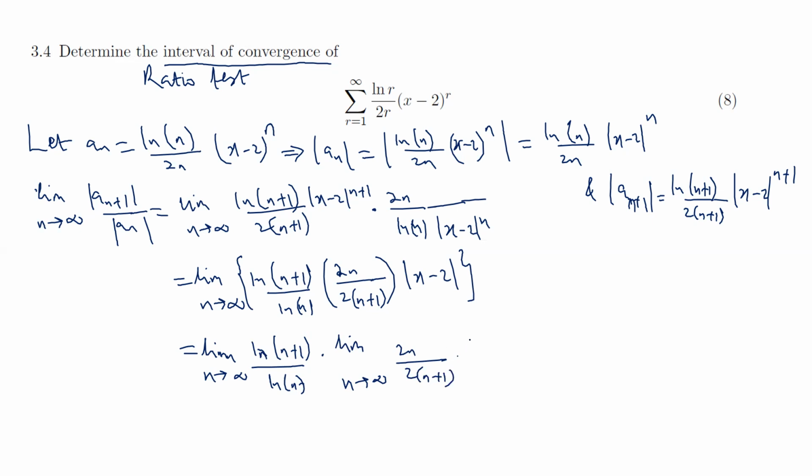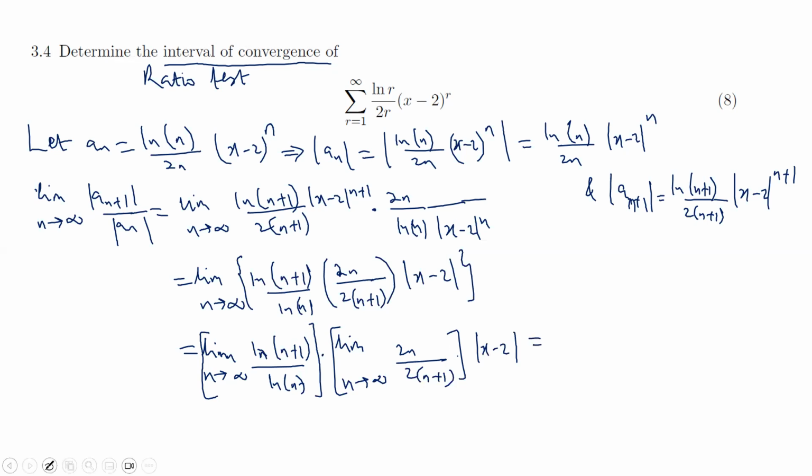This x minus 2 has no n. You can put the limit around it.